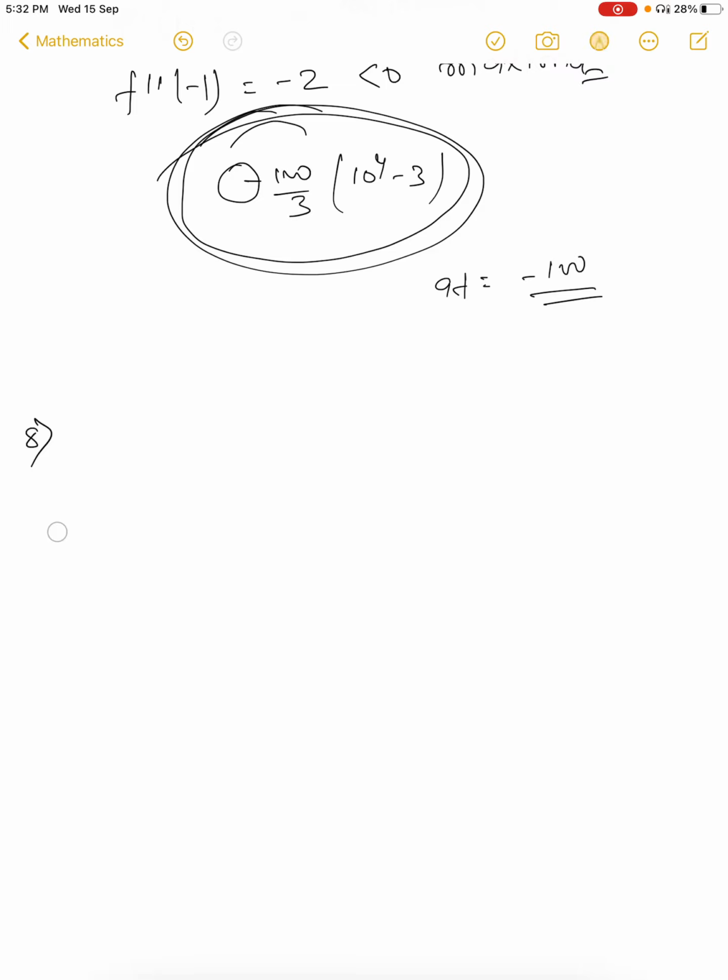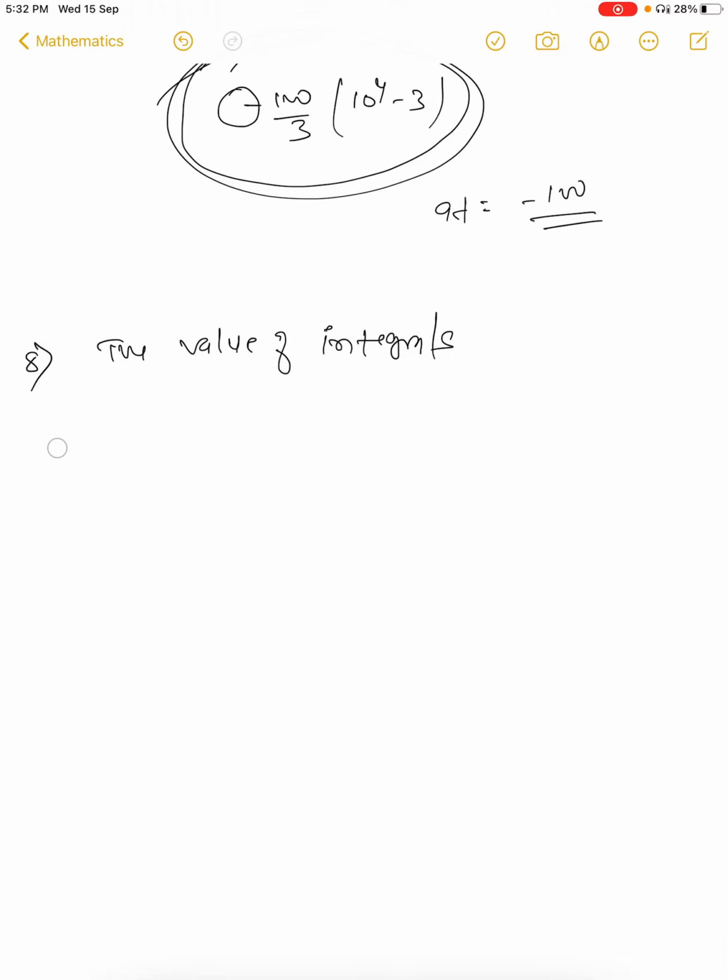Question number 8. The value of the integral. We have to find the value of the integrals. What are the integrals?